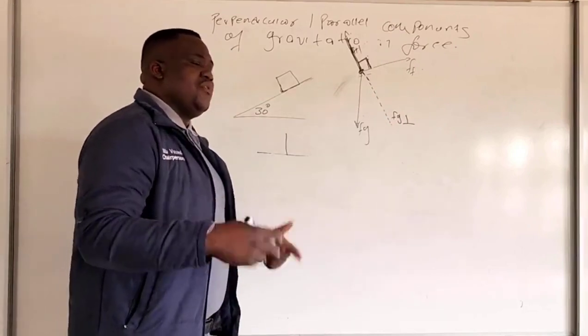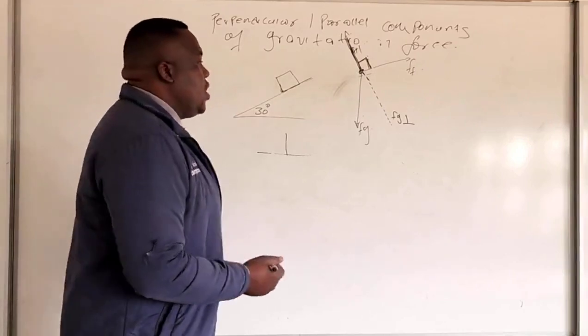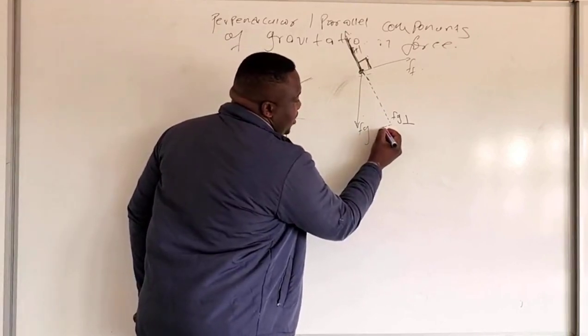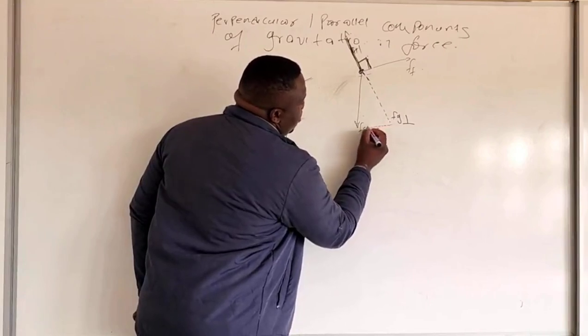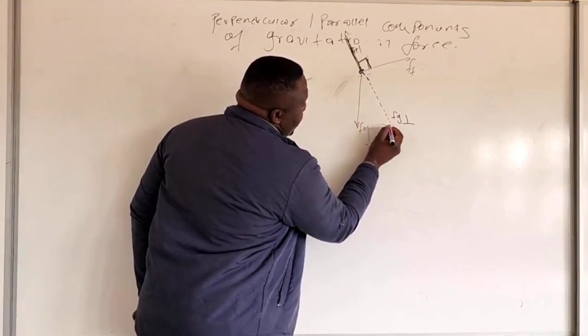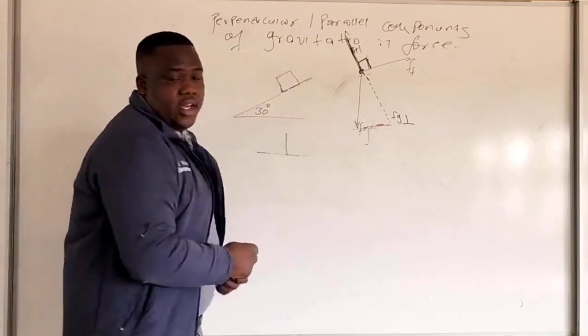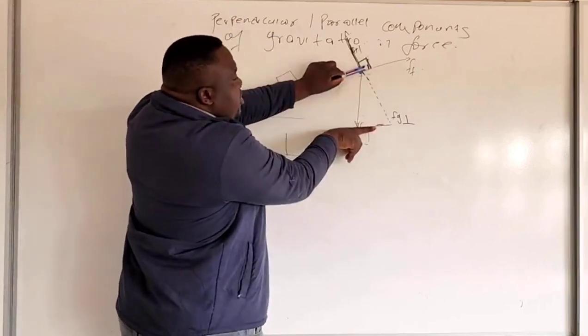This will also give you the revision for the grade 11 forces. Okay, then we will have the parallel component. I will represent it here. Why do we call it the parallel component? We call it the parallel component because it is parallel to the surface. You can see that they are parallel.